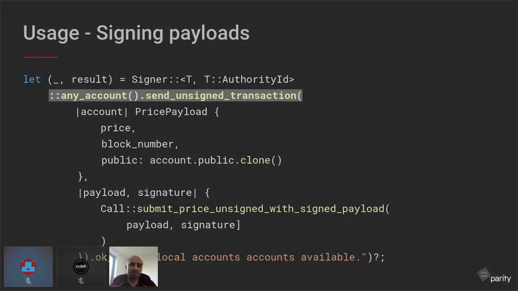The first one is expected to return the payload which the signer is going to sign. The second closure gets the payload that the first closure returned, and the signature that the signer calculated for the payload. And the second closure is expected to return the call which is going to be submitted on chain.